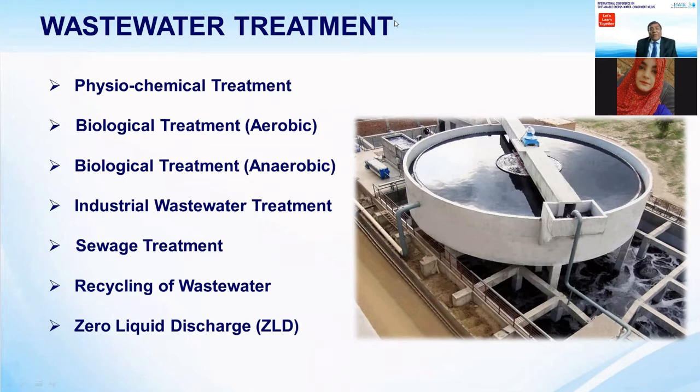Like in textile, in various industries, the pH is around 11 to 13, and we have to lower the pH to around 8.5 or below that. That condition is to be met by addition of acid into the stream, so that the pH for the biological system is conducive for the growth of the microbes.